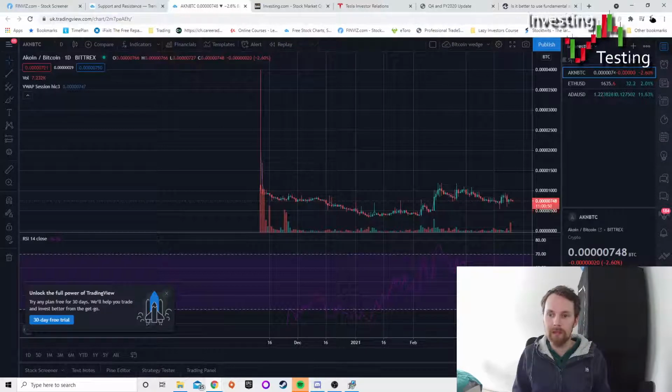For example, South Korea has a huge percentage of its GDP coming from Samsung. So I suppose you'd be able to understand which direction that currency is going based upon how well Samsung is doing.